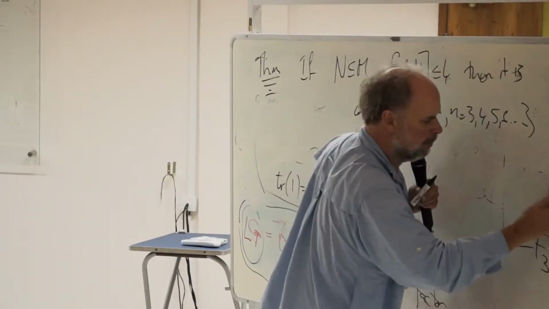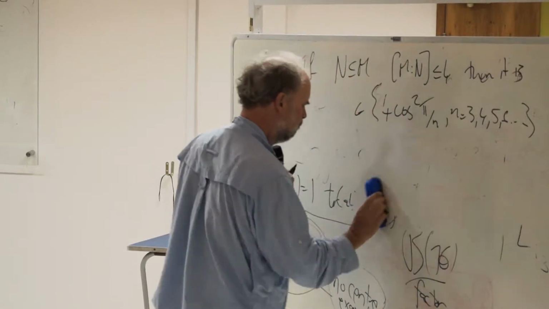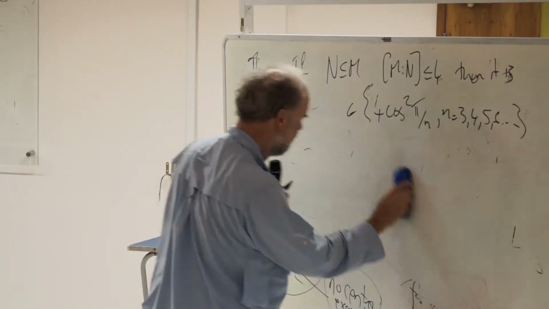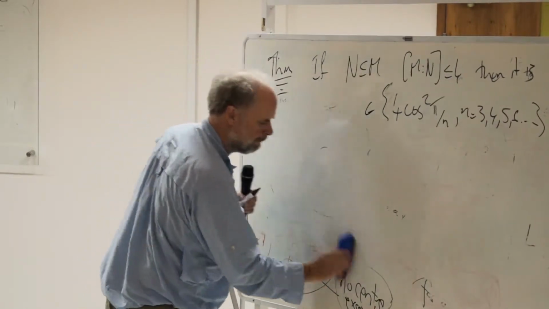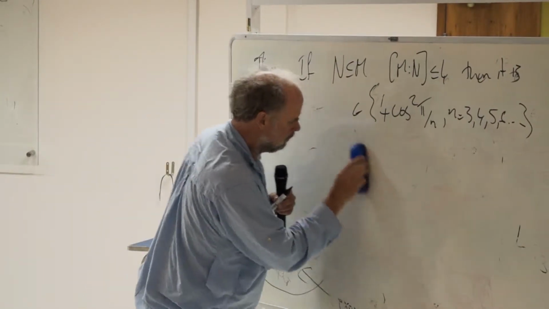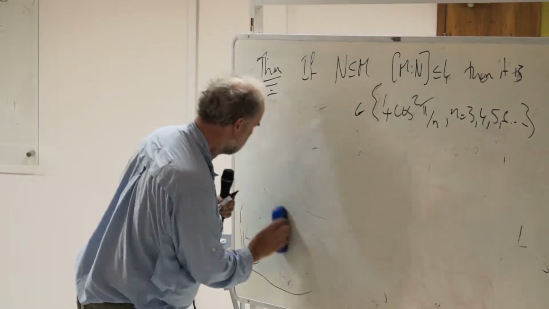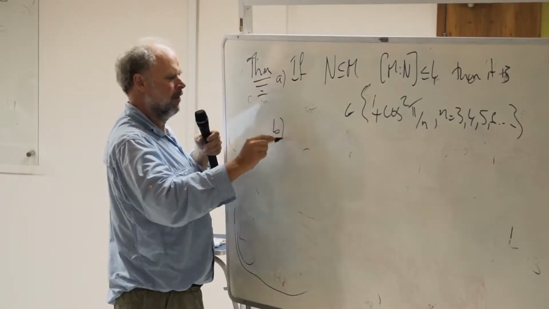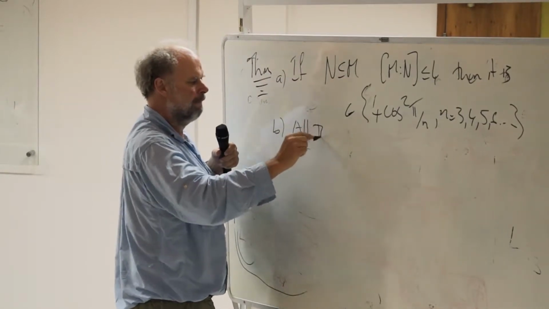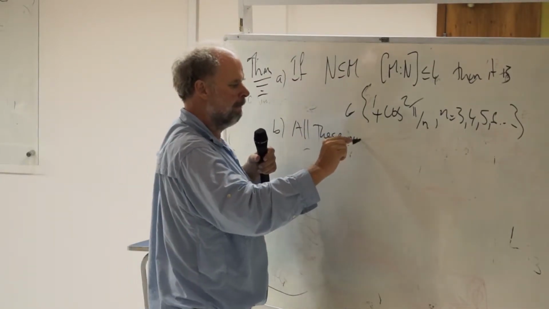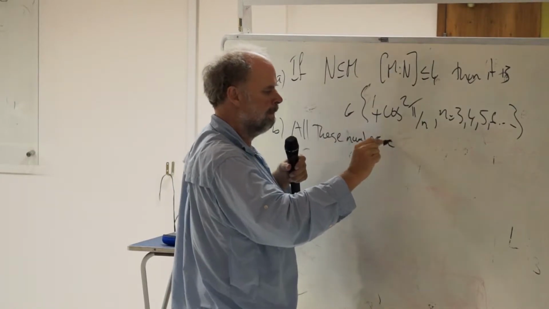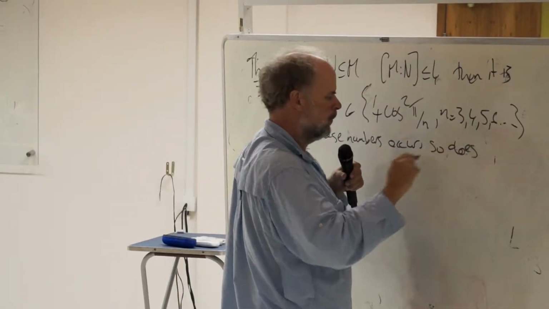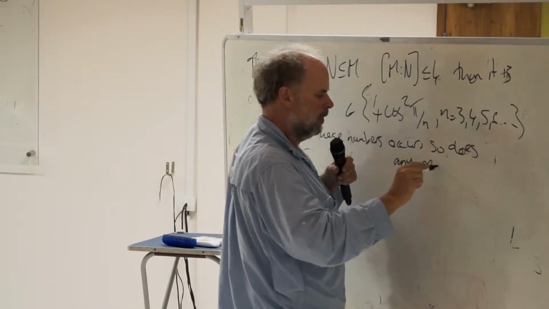That's part A of the theorem. We'll talk about these numbers in a second. And B, all these numbers occur, and so does any real number greater than 4.